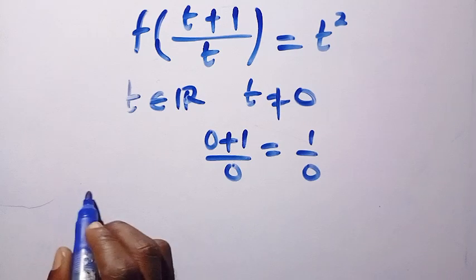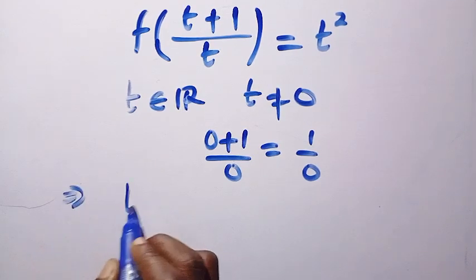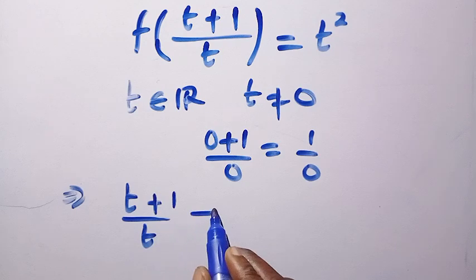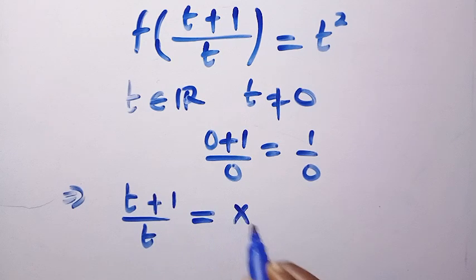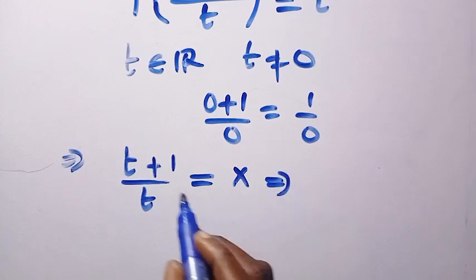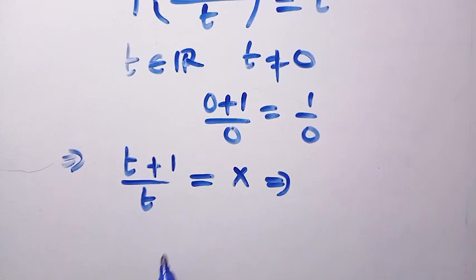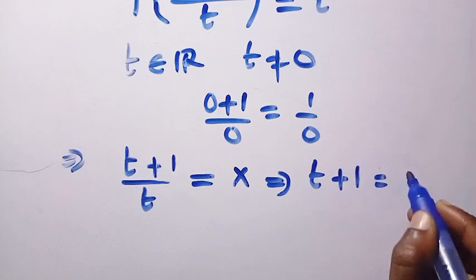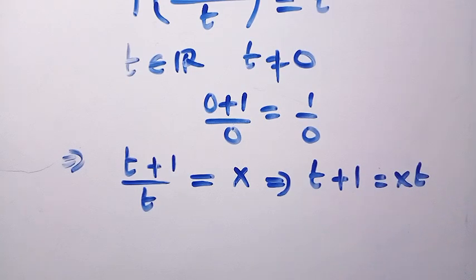So what we do is, suppose I replace t plus 1 divided by t with x, and by making t the subject of this formula, we are going to cross multiply so that we have t plus 1 equals xt.